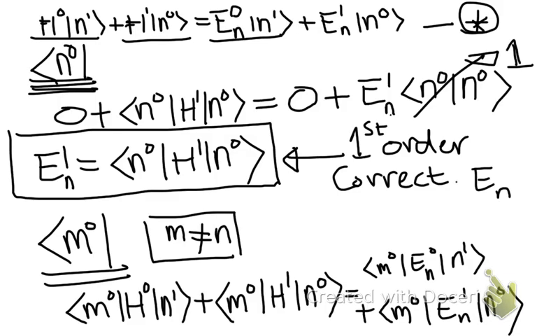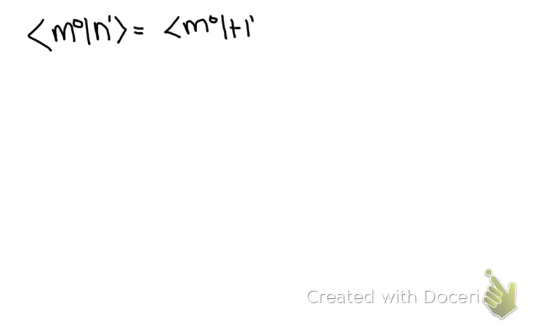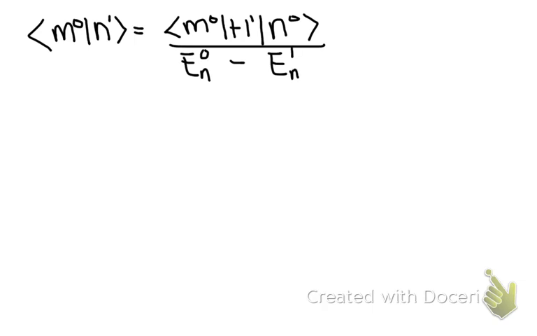With the equation that I last wrote down, I'm going to write this equation in another representation by moving some terms around: the inner product m0 n1 is equal to the matrix element m0 H1 n0 over En0 minus Em0.